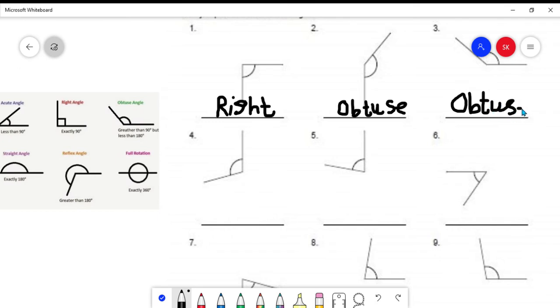The next one is just about an obtuse again, just about over 90 degrees. You can kind of make out the straight line and just tell it's just over.